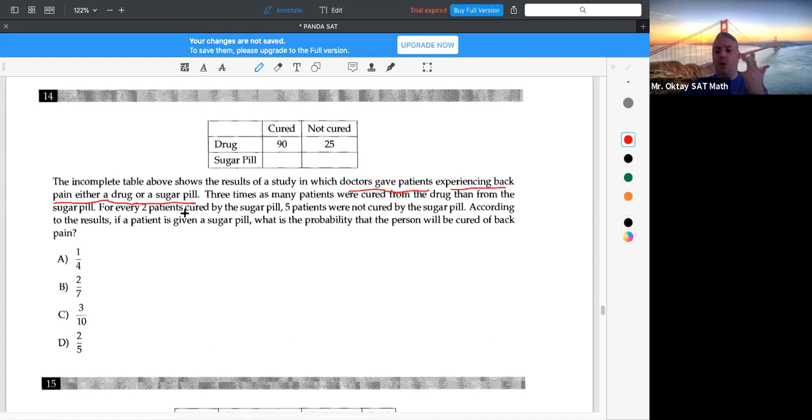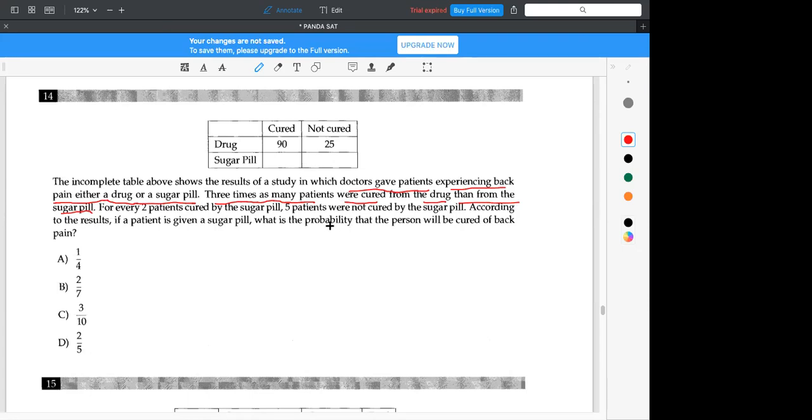So there are two options doctors are giving to the patients. 3 times as many patients were cured from the drug than from the sugar pill. What should I say here? How can I express? What should I write here?